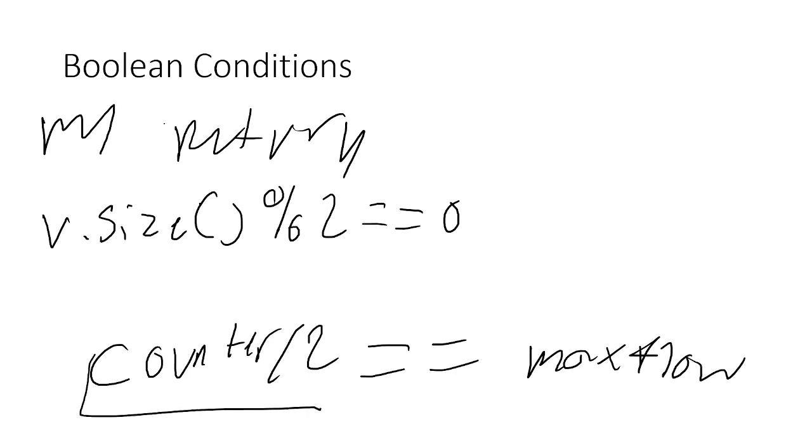Why is this? What is my counter in this case? I think counter is just the groups.